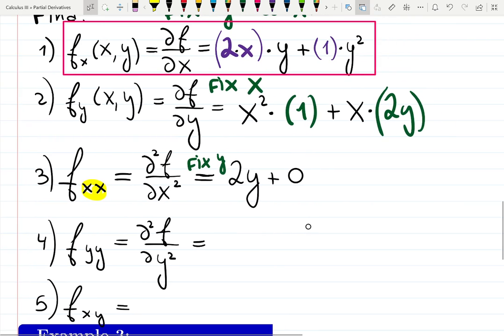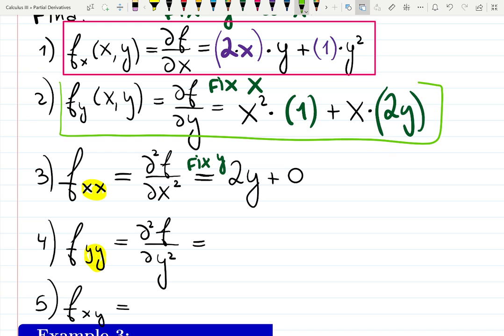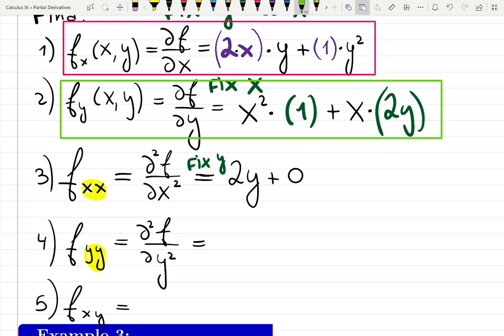Now, f_yy. From all this math, you need to locate where to look. I will look over here into this green box where we fixed x because y is a variable. So I'm going to fix x one more time.